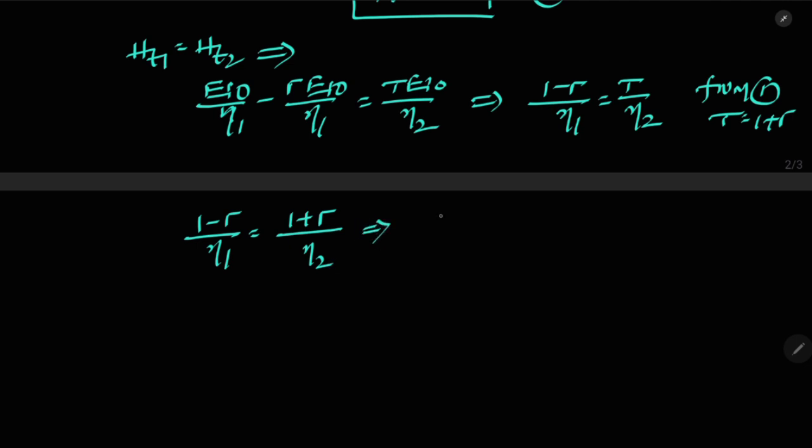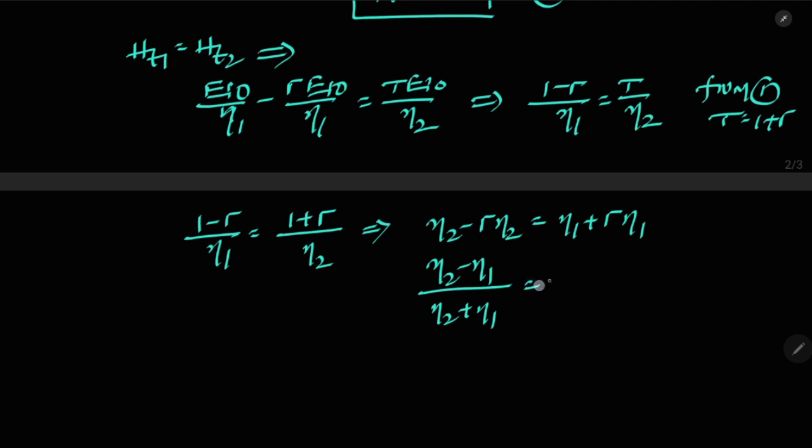Just cross multiply this one and write the expression for gamma. So what will you get? Eta 2 minus gamma into eta 2 is equal to eta 1 plus gamma into eta 1. Then eta 2 minus eta 1 by eta 2 plus eta 1, this is nothing but gamma. So we have got the expression for gamma in terms of the impedances.